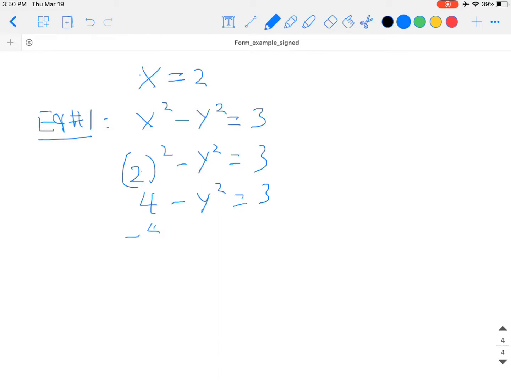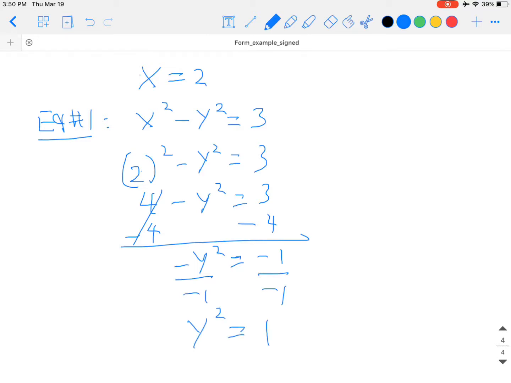To solve this, subtract 4 both sides. This is gone. Negative y squared equal to negative 1. And we have negative, so we don't want negative, so we divide by negative 1. So we have positive y squared equal to 1.